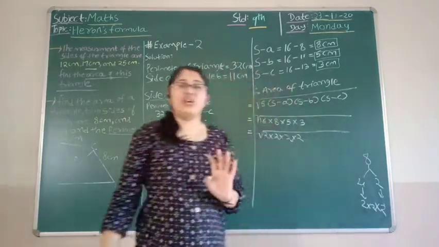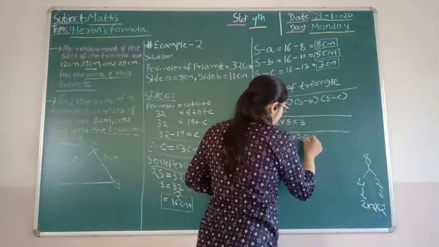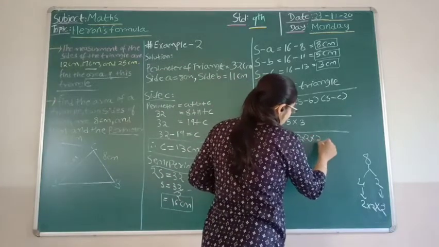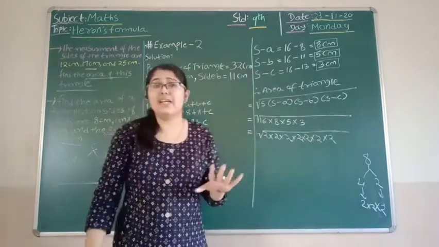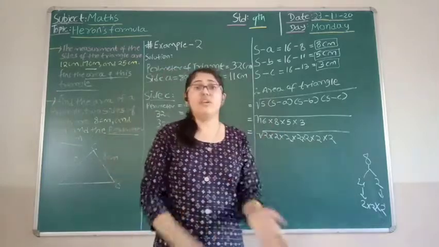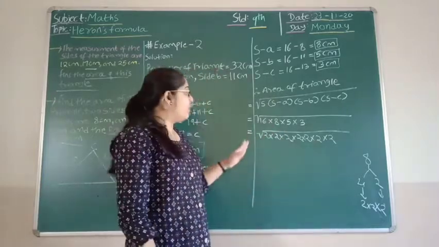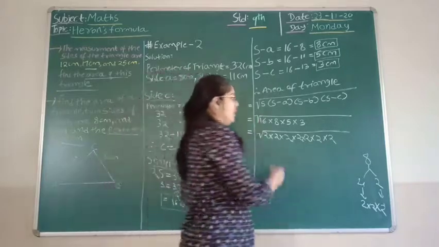So I am writing multiplied by 2, multiplied by 2, multiplied by 2. So now you can see 7 times there will be 2, and if I multiply all of these 2s, it is about 7 times, it will be equal to 16 into 8. Now, we cannot factorize 5 and 3 further.